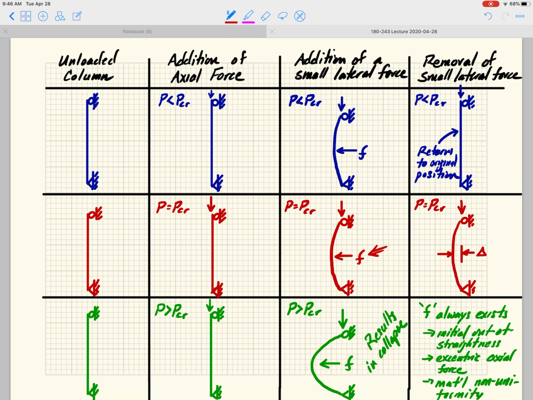So it amplified that deformation, and it was at that point where the secondary moment, that P times delta, wasn't just maintaining the deformed shape; it was amplifying or increasing the deformation, and then that created additional moment, which then created additional deformation, and you can see it then just became unstable. But again, the reason it was time dependent was because of the heating and the sagging of those floor systems.